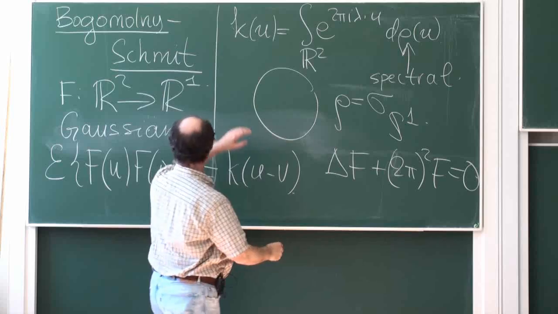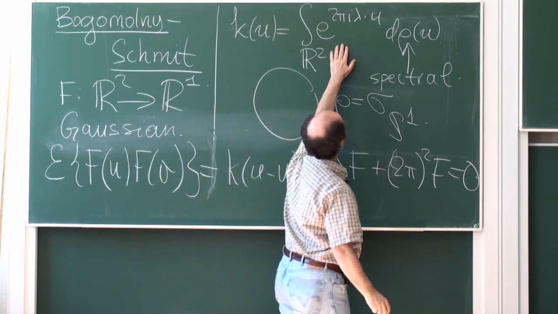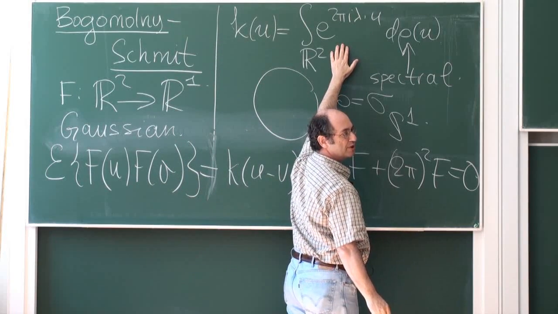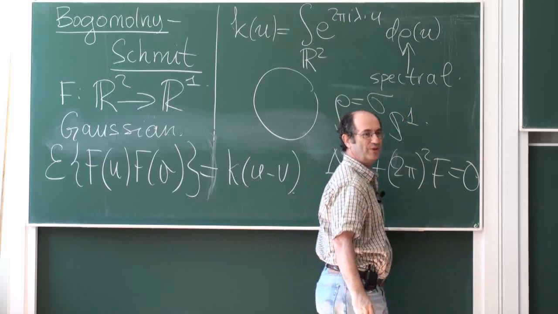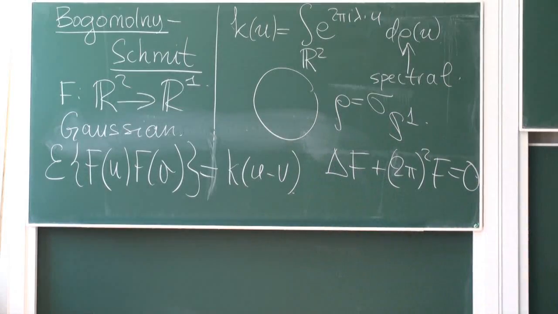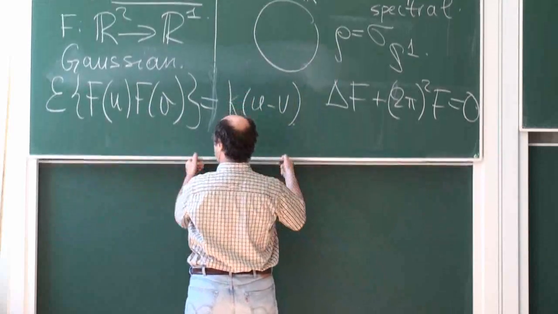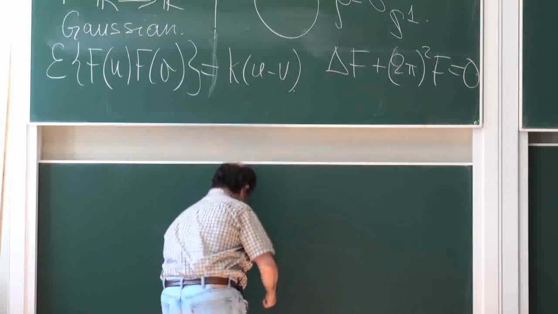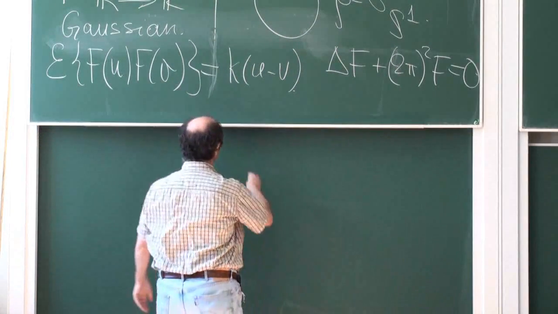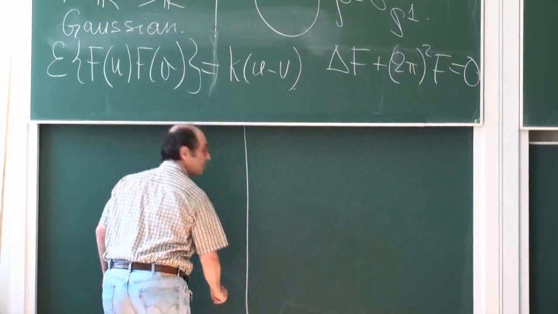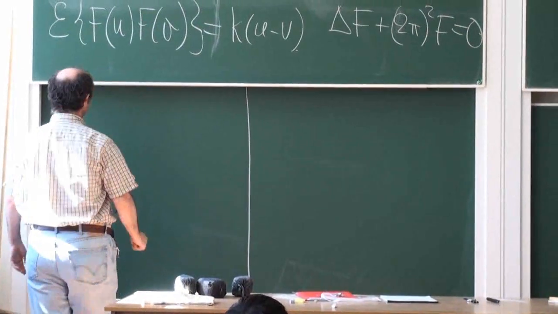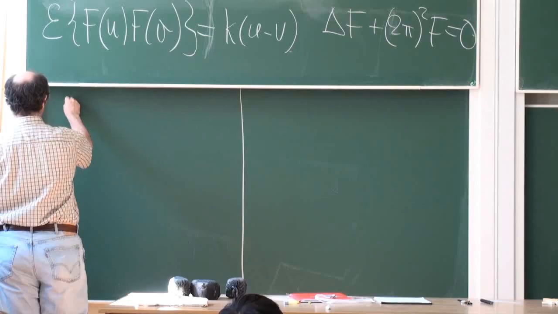Right, because with the Fourier transform, when you take the Laplacian of this, you obviously get this equation. And they wanted to understand what's going on with zeros, with the number of connected components in the large square or in the large disk.